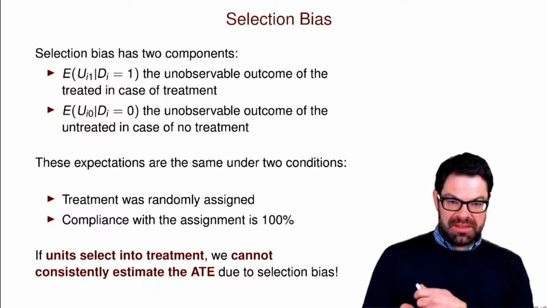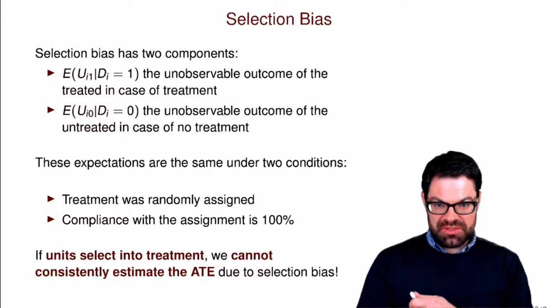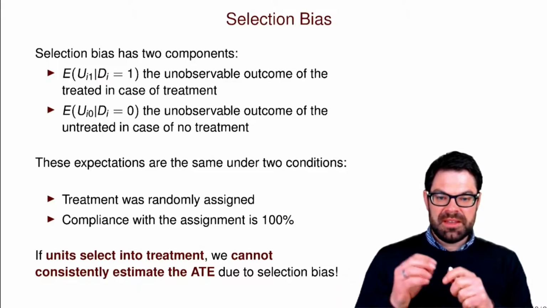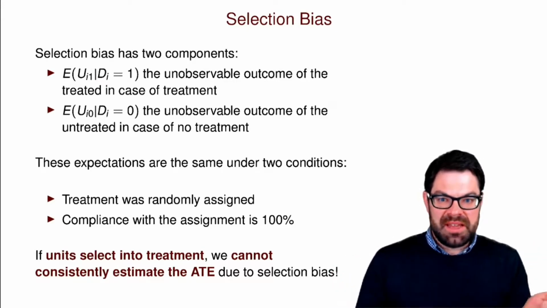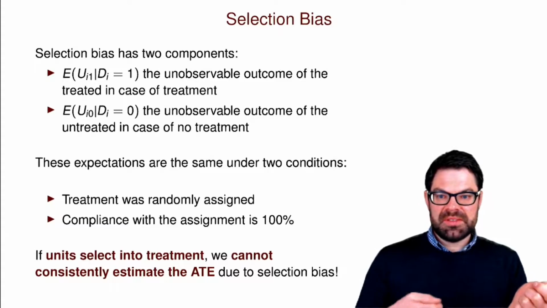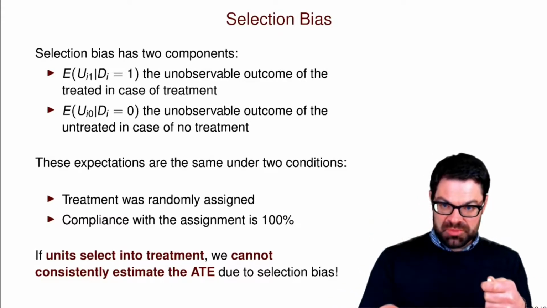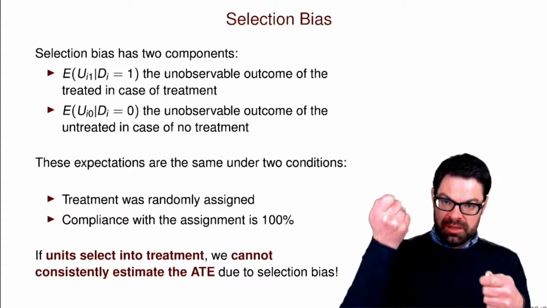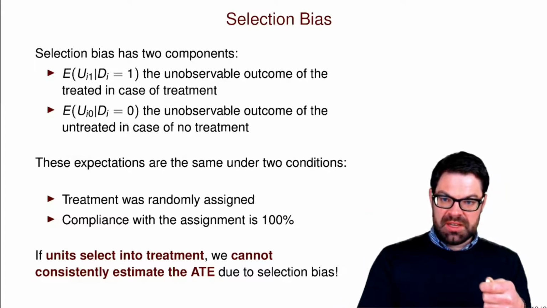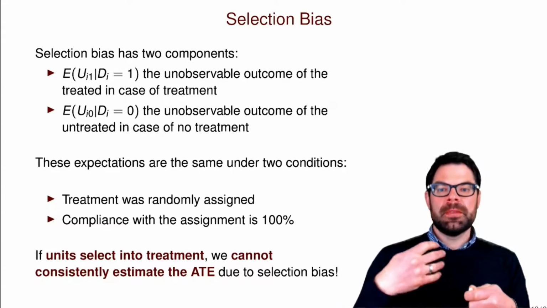Now you get this under two conditions. One is that the treatment was randomly assigned, right? Because then in expectation, the potential outcomes of those people who were treated and those who didn't should not differ.